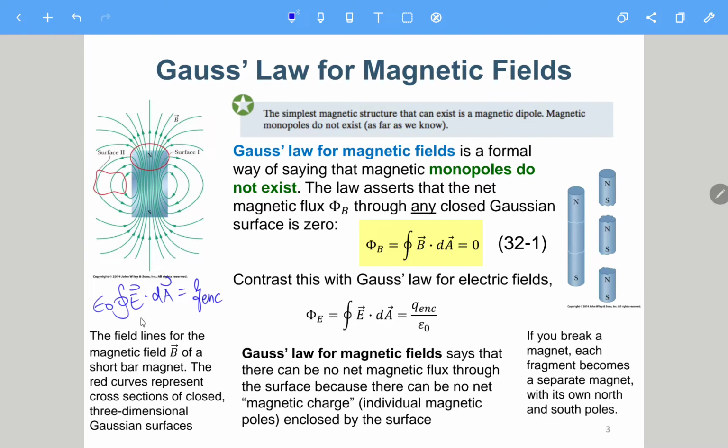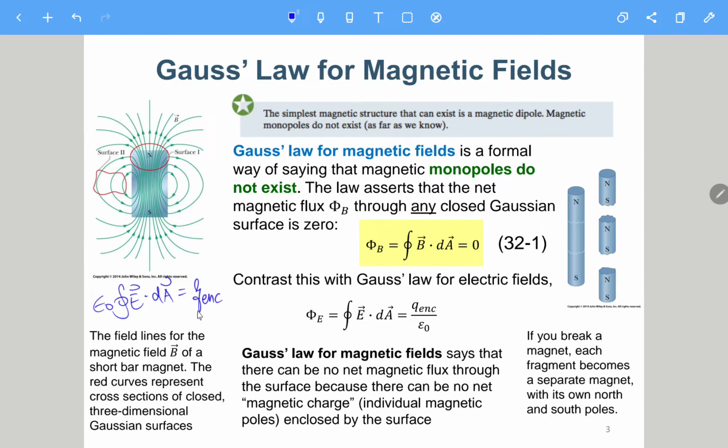Here, rather than having E on the left side, we have B for the magnetic field. At that time we could have individual charges, positive or negative, existing independently.